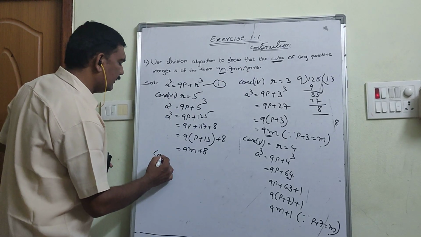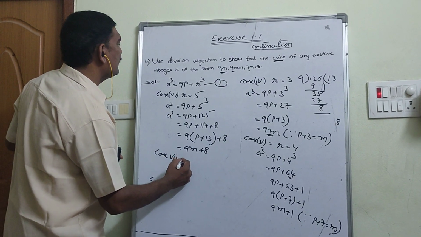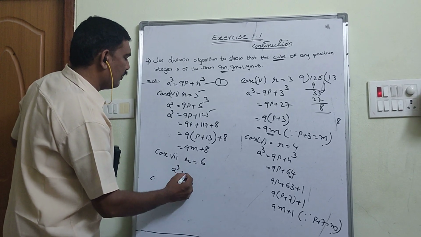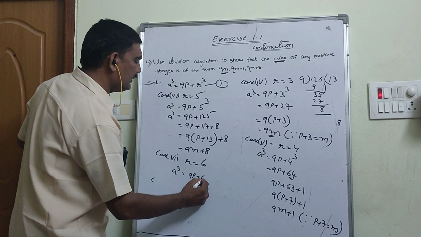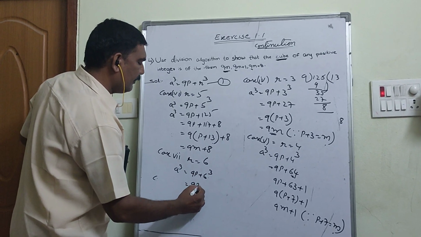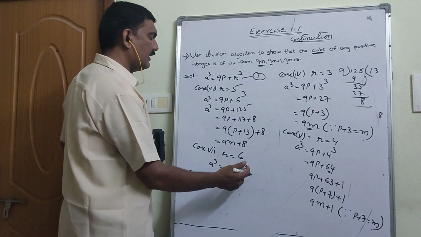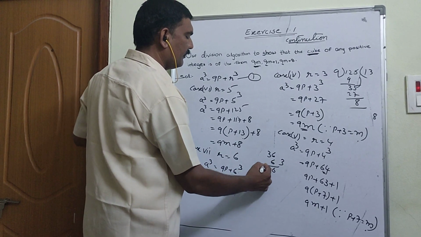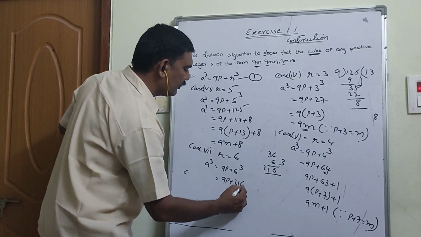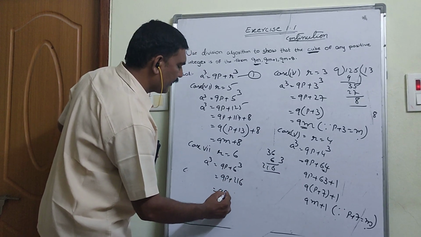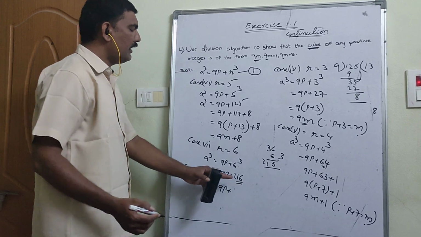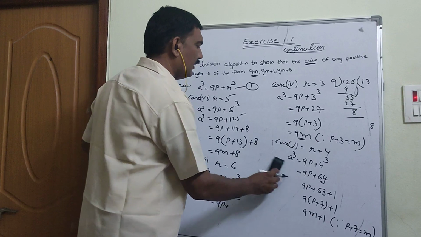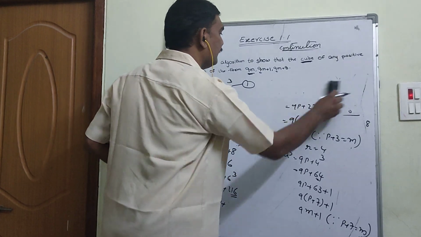Now case 7. Case 7, r is equal to how much you have to take? 6. Then you are getting a cube is equals to 9p plus 6 cube. 6 cube means 6 6s are 36, 36 6s are 216. 216 you have to write. And as I said, remainder should not be greater than 9.